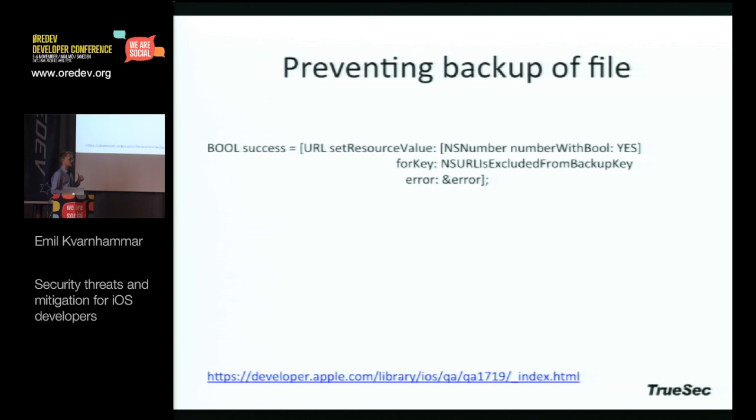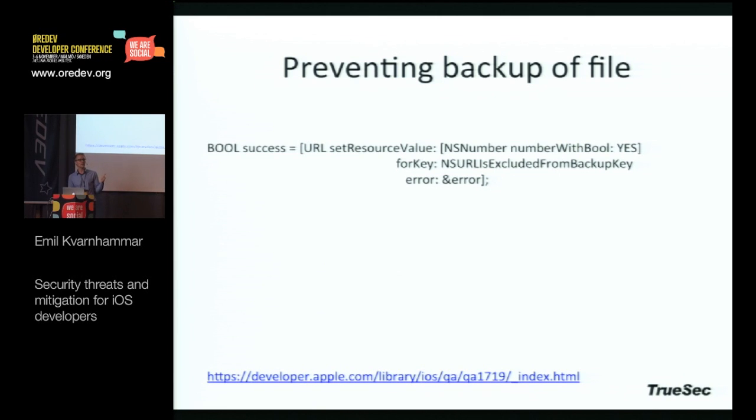So there are ways to disable backup of iOS applications. You can do that per file or per directory. I really recommend doing that if you're storing any sensitive information like key material or unique user tokens or anything like that.